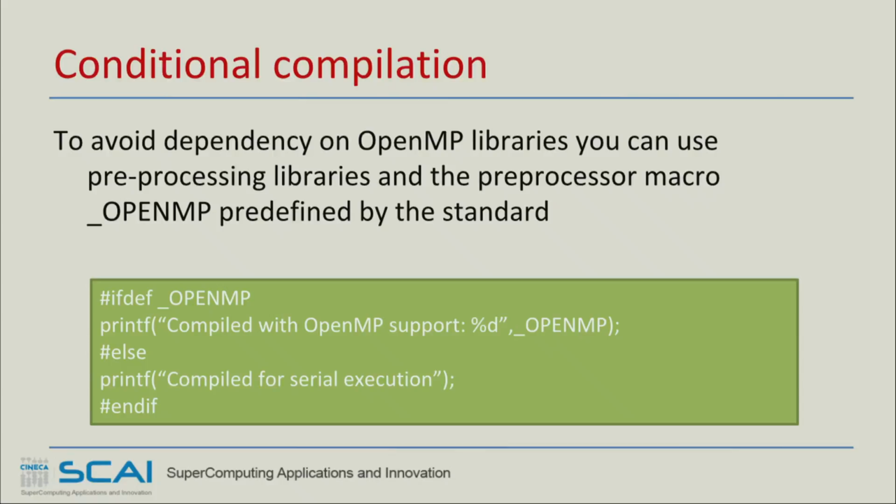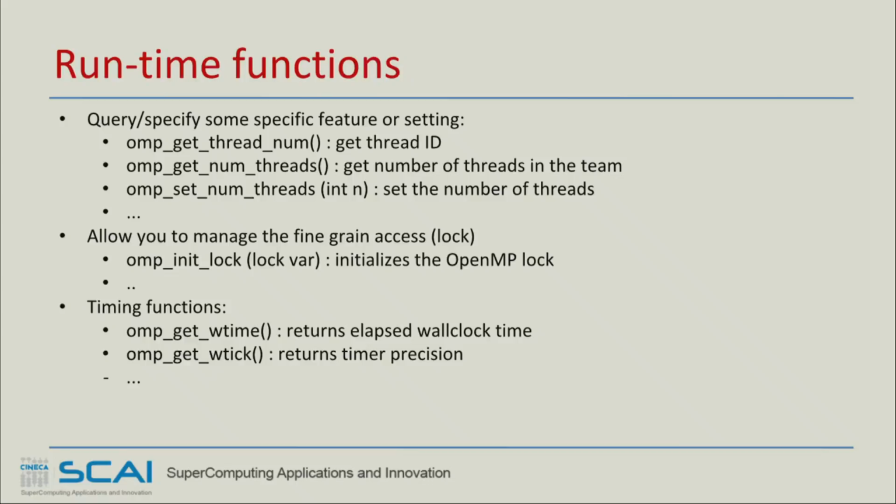You have your directives in the code, but you don't want to use them. Just don't put the -qopenmp or -fopenmp flag, and those directives will be interpreted as comments. But if you put some functions, those are calls to regular functions.